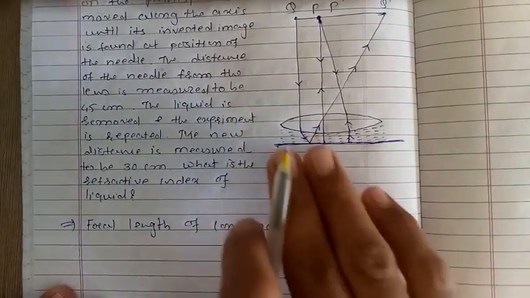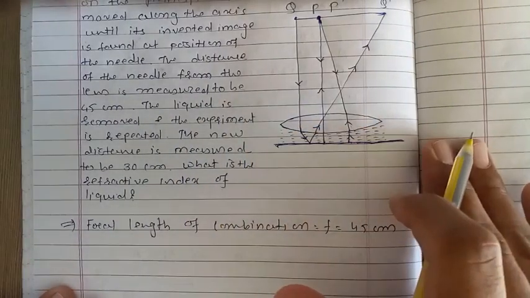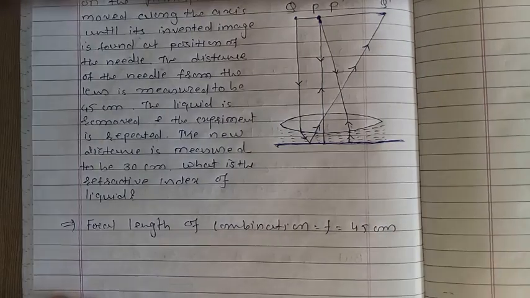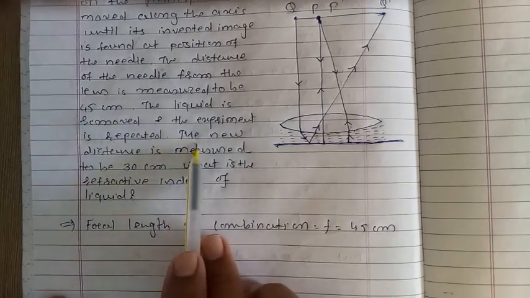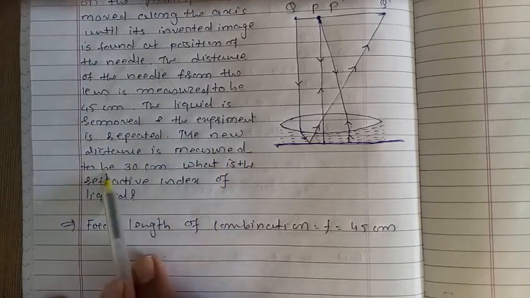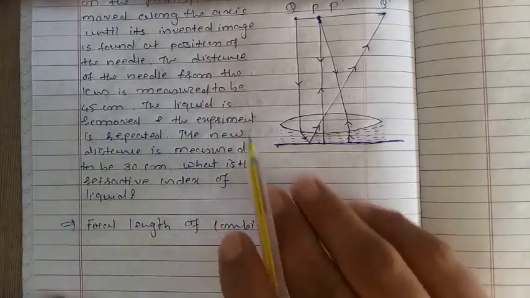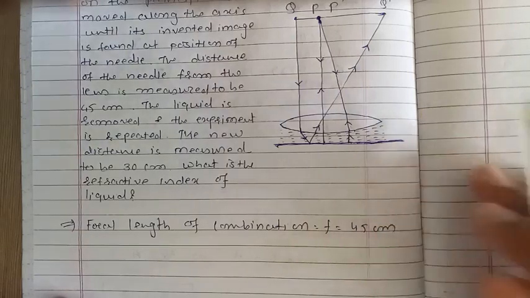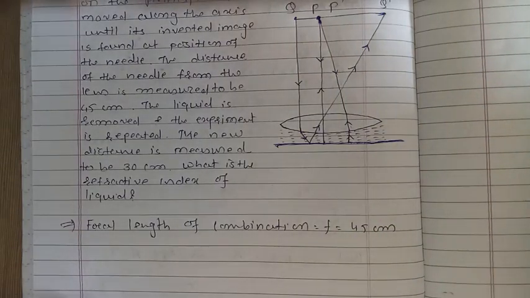So we remove the liquid, and the experiment is done without the liquid. Then the new distance is measured to be 30 centimeter. So when the liquid is removed, we get the image at a distance of 30 centimeter.